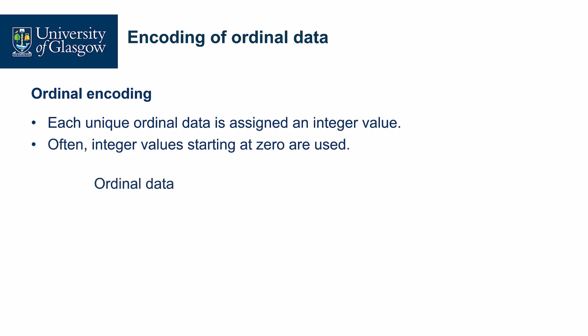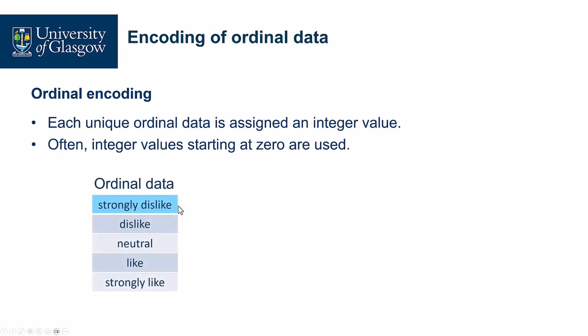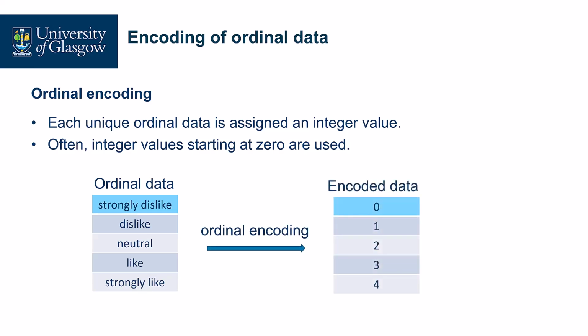Let's take this example: strongly dislike, dislike, neutral, like, strongly like. With ordinal encoding, we use integers starting from 0. Strongly dislike, we put it as 0. Dislike, we put it as 1. And strongly like, we put it as 4. So this also has a rank to represent this ordinal data.